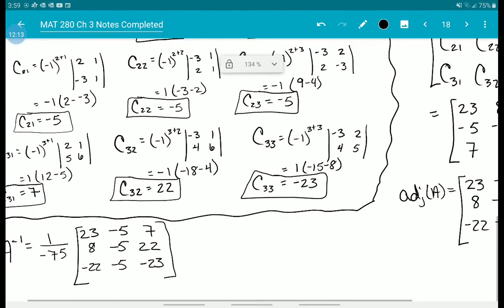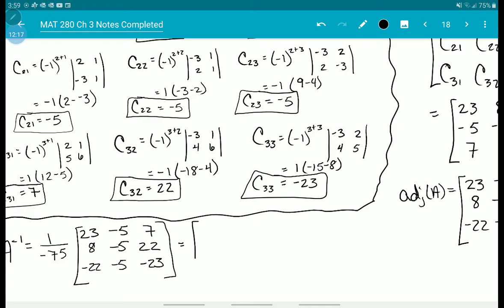And so I'm going to go ahead and distribute that negative 1 over 75 in. So we're going to have negative 23 over 75. The 5 over 75 reduces to 1 over 15. Then we have negative 7 over 75.